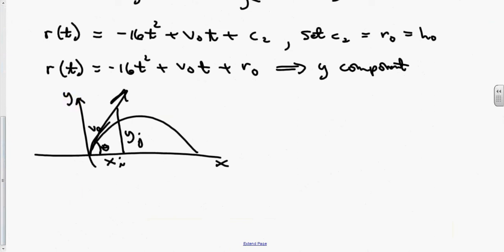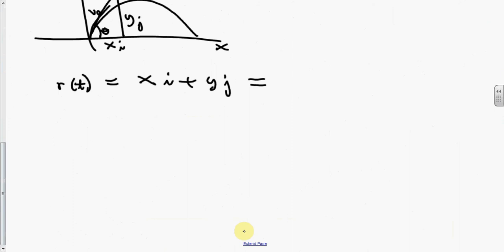So if that's the case, then we have here r of t, we said was this x movement plus some y movement. This r of t becomes, in terms of the so-called x movement, the initial velocity times the cosine theta.